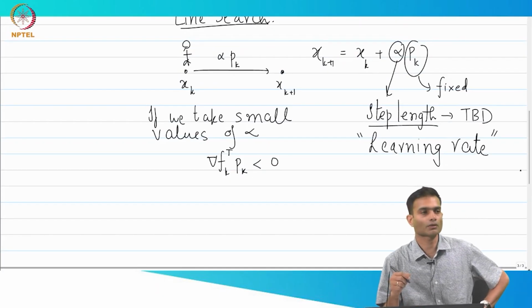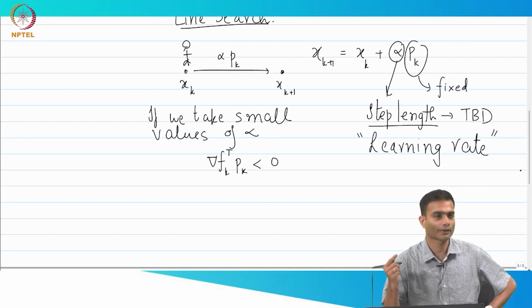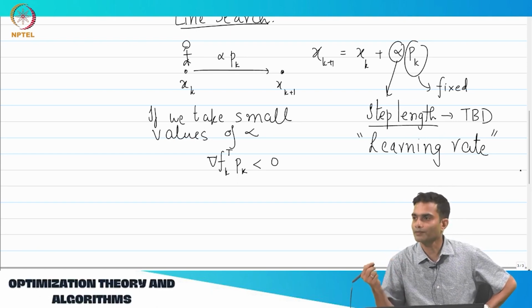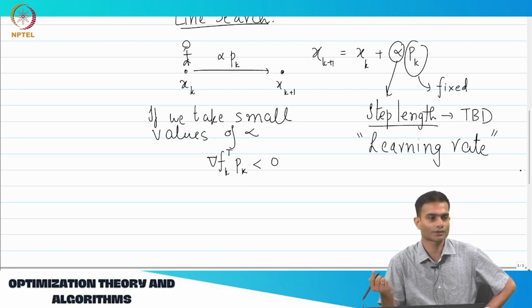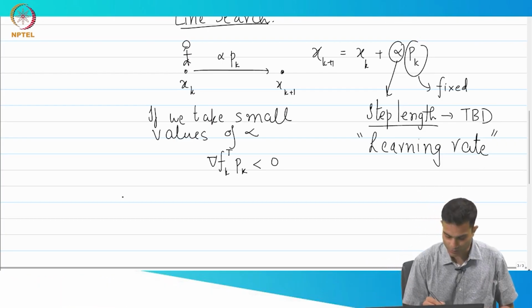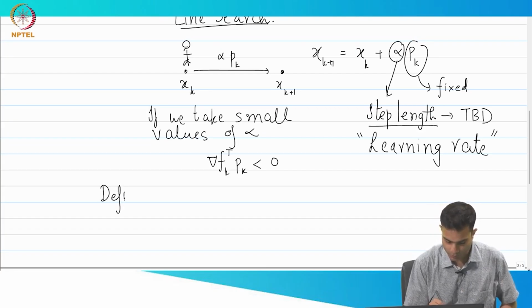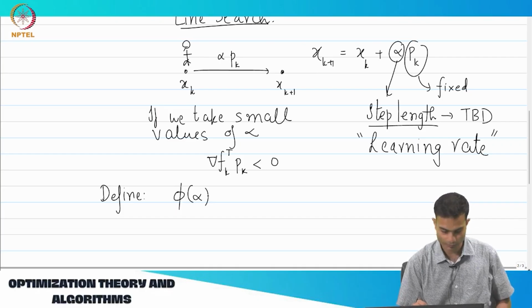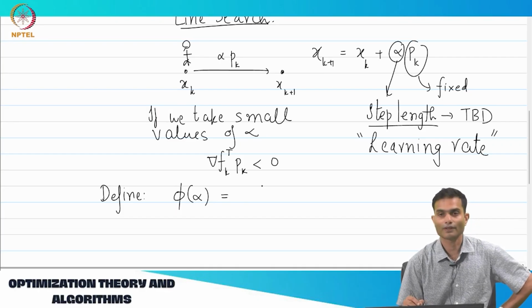See, remember alpha is a scalar quantity, which is what I want to compute. So what will be convenient is for me to define a scalar function of alpha which captures the whole dynamics of it. I am going to define a new function, I am going to call it phi of alpha. This phi of alpha is nothing but a rewriting of this.